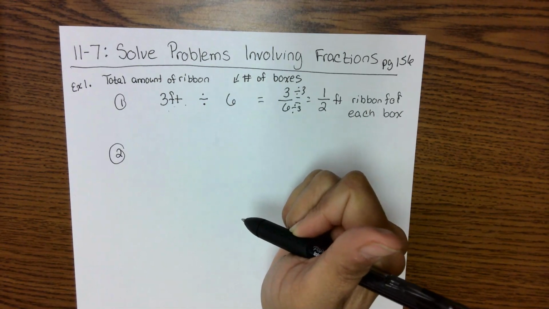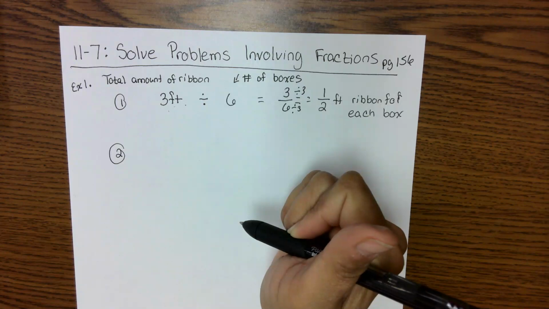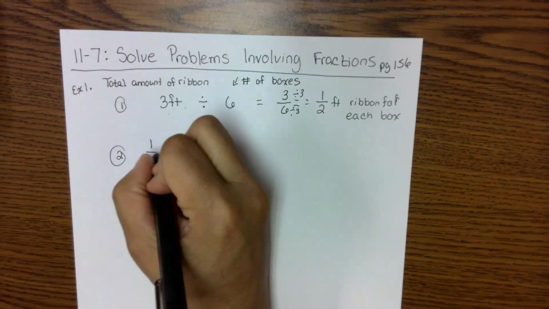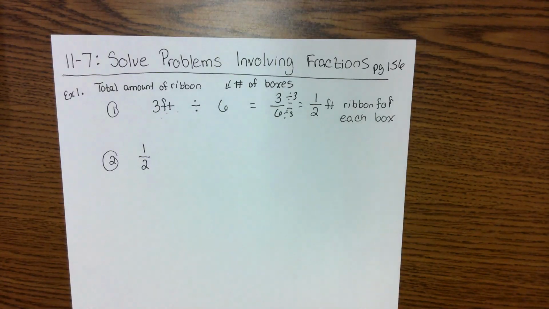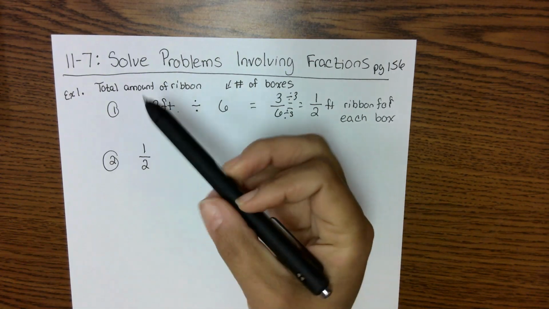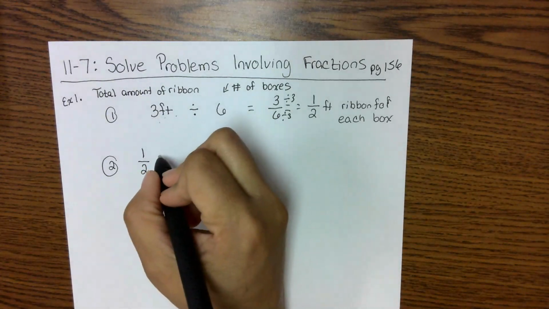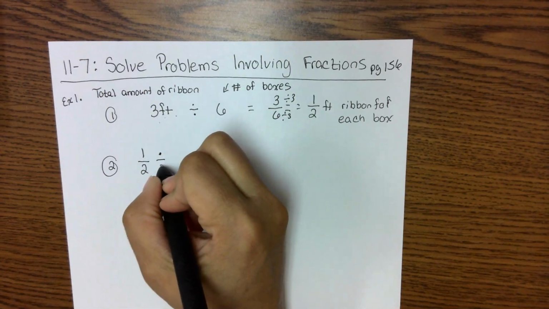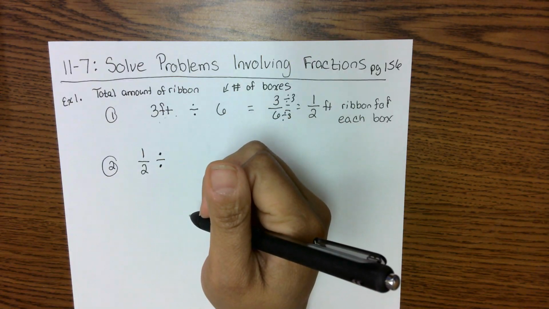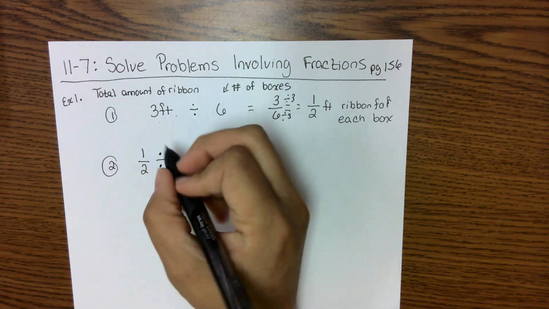But how much ribbon does she have to use for each box? She has half a foot of ribbon that she can use for each box. So if she has half a foot of ribbon and she wants to divide it by what? How many faces does she want to cover? 4.